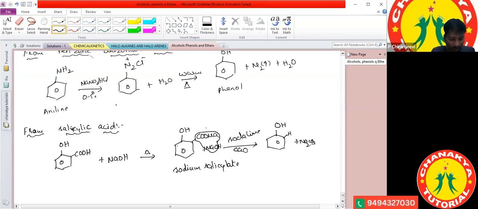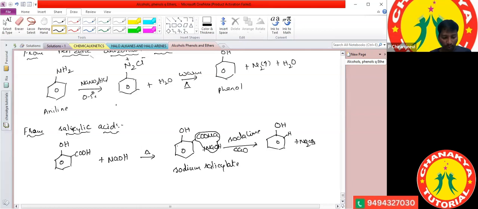What are the other methods we have? Actually, we are using these methods in the preparation of phenols. Next, if there are any other methods. Right, these are the methods we are using in the preparation of phenols.